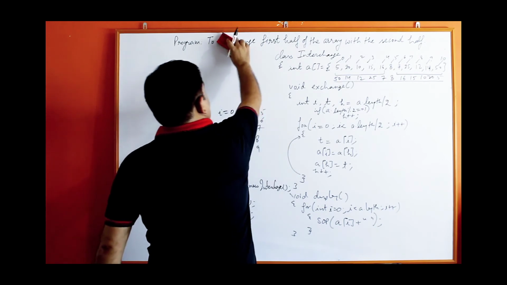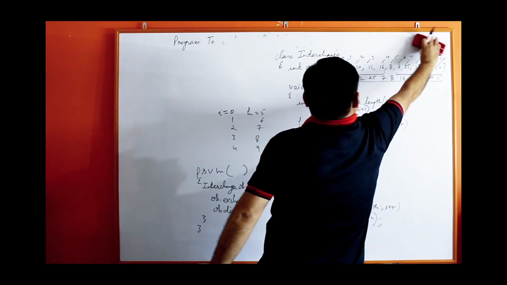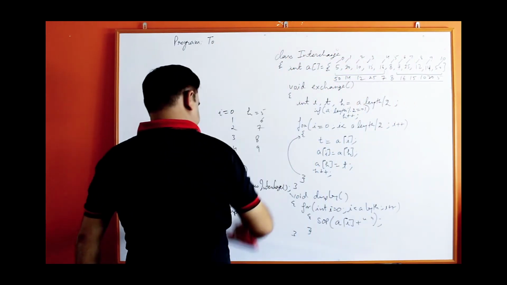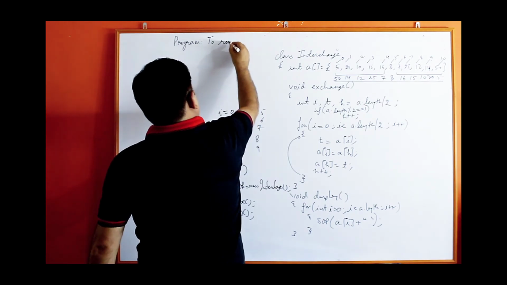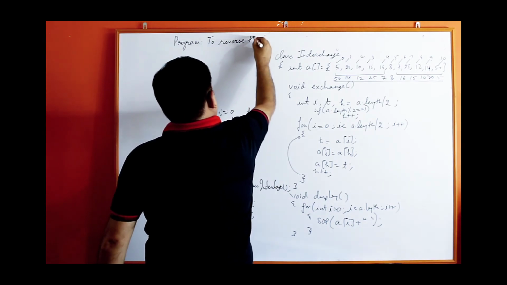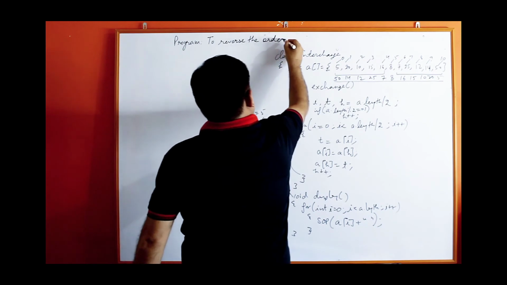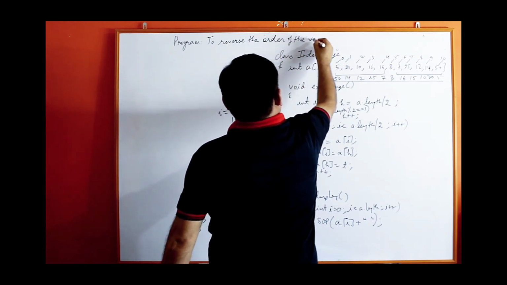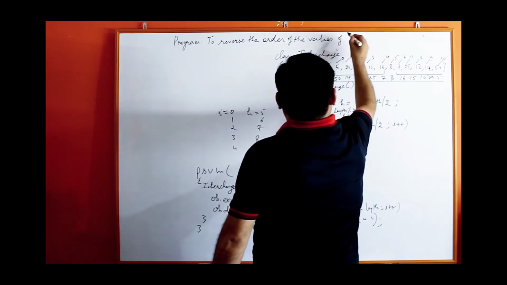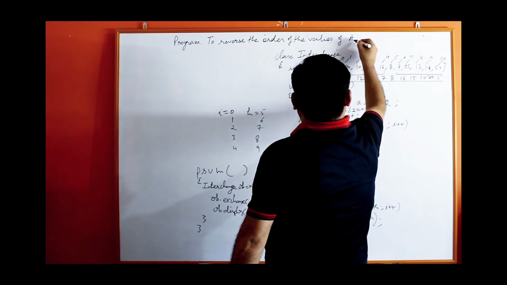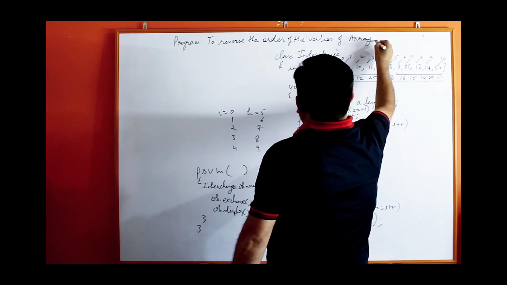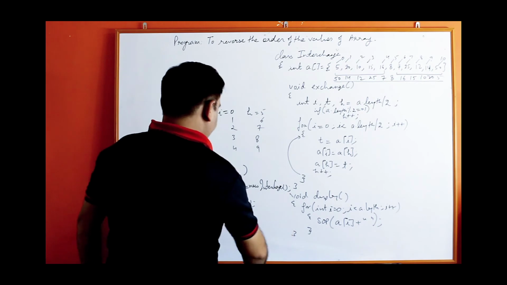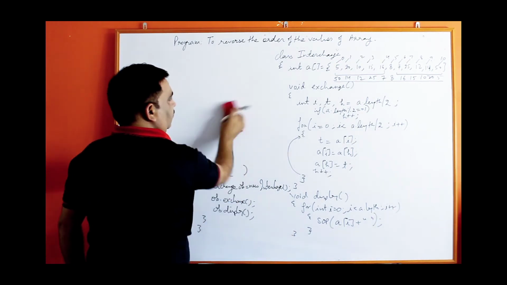Now the question is changed to reverse the order of the values of the array. For this, what you have to do?